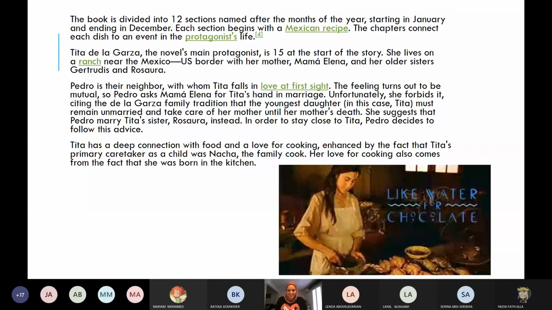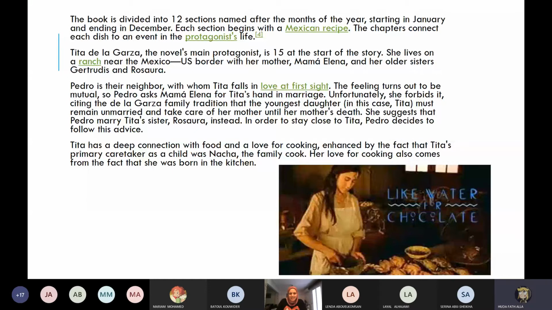What? So Pedro decides to follow this advice. Tita has a deep connection with food and a love for cooking, enhanced by the fact that her primary caretaker as a child was Nacha, the family cook. Her love for cooking also comes from the fact that she was born in the kitchen. So it is a very nice story with nice details, okay?